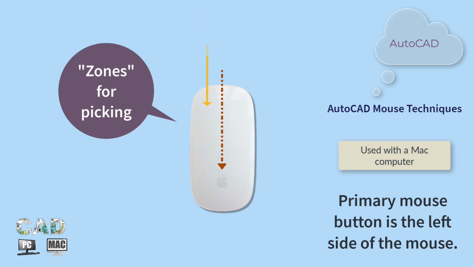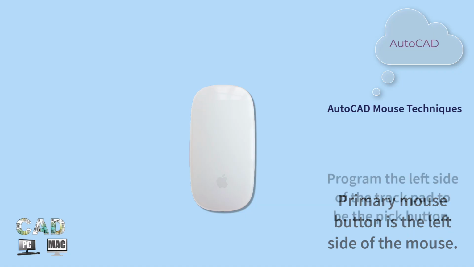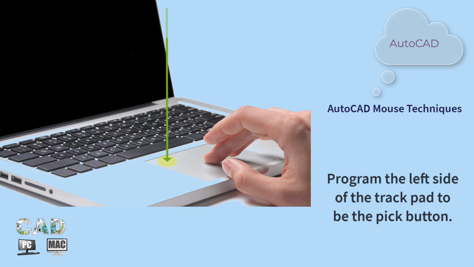Consider that there is an imaginary center axis on the mouse. If you pick to the left of that imaginary line, then you will be hitting the correct area on the Mac mouse. Similarly, when you are working on a laptop trackpad, you will need to program the top left side of the pad to interface with AutoCAD as the selection button.